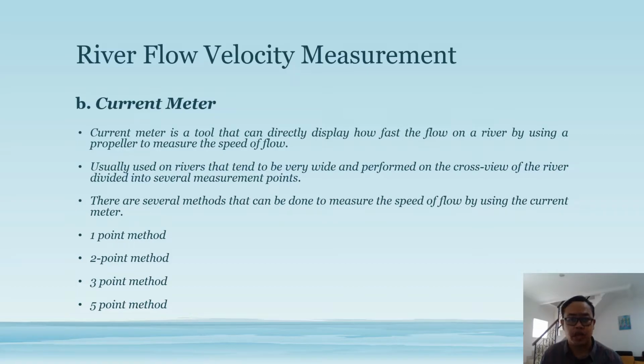Usually measurements are performed at several points in the river area and some points at the depth of the river. This is done to measure the flow velocity more accurately. There are several methods for measuring flow velocity using a current meter, namely the 1-point method, 2-point method, 3-point method, or 5-point method.